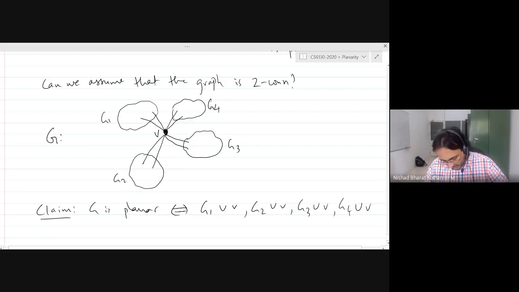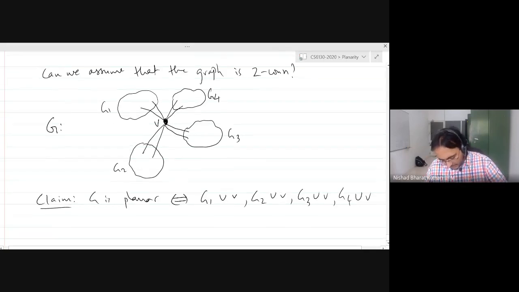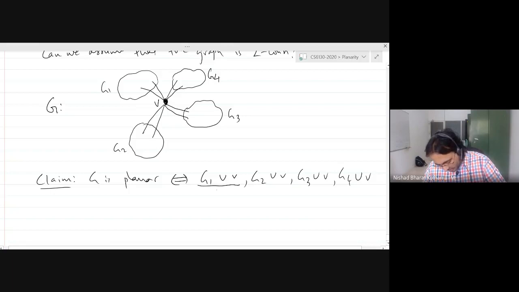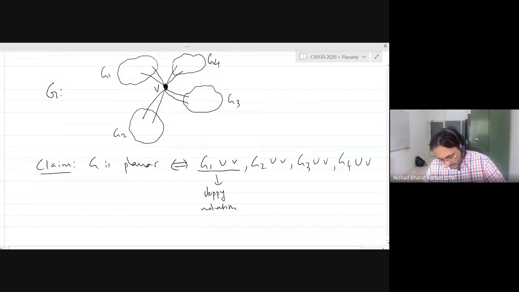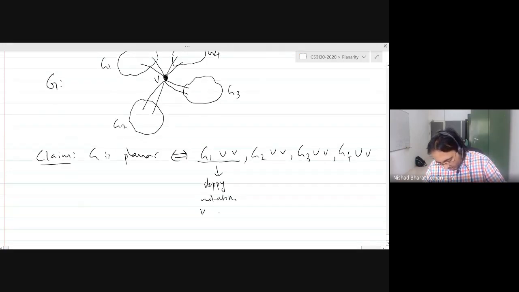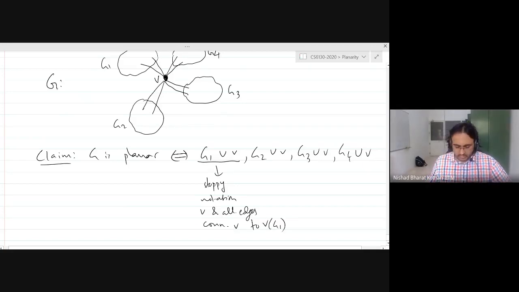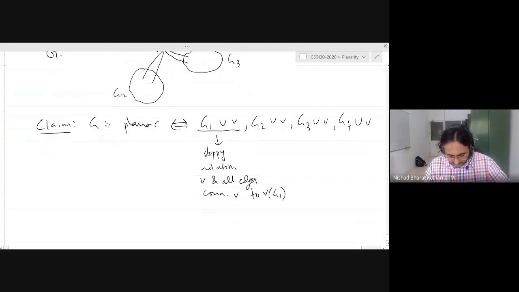So technically, what I mean by this, I'm being a bit sloppy in notation, is V and all edges connecting V to the vertices of G1. I can make it more rigorous, but I'm just going to leave it.